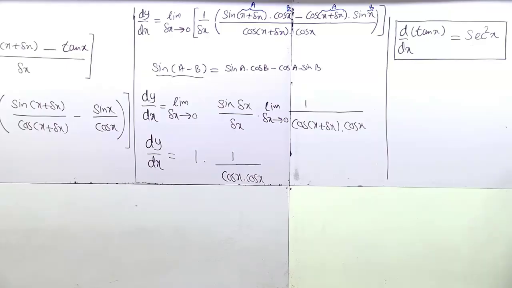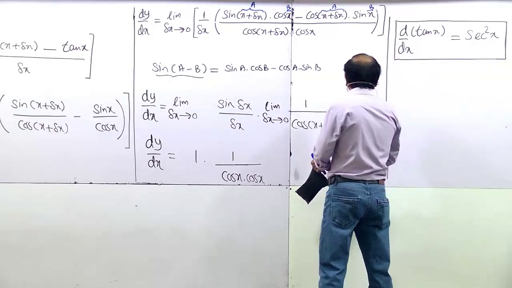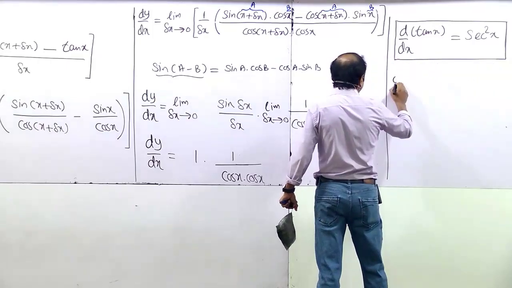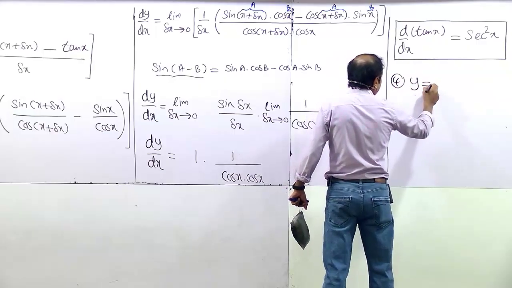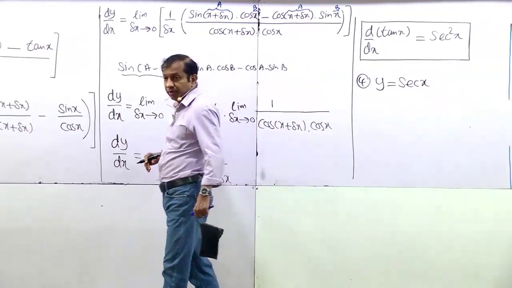Okay, no? Right. Now take the next one as sec x, the fourth one. Y equals sec x. Right, start. Y equals sec x. Hurry up.